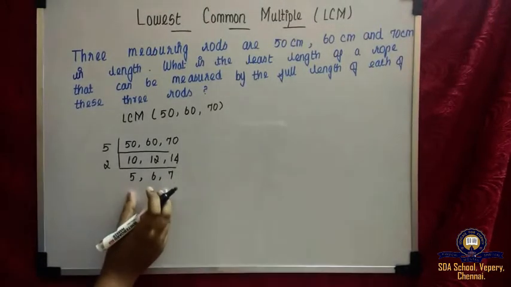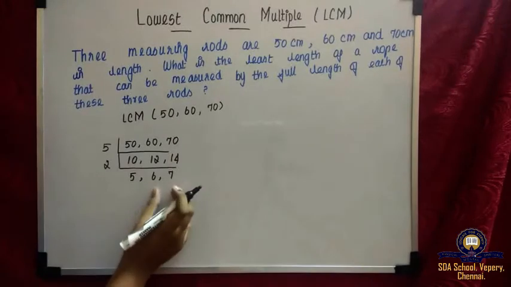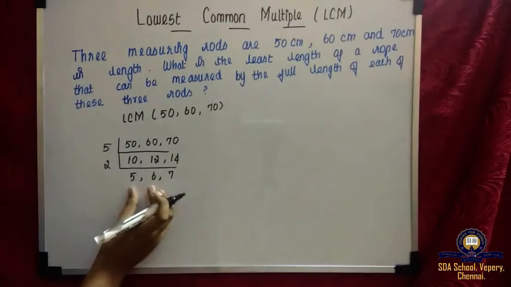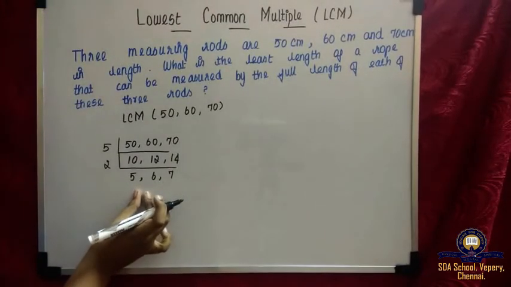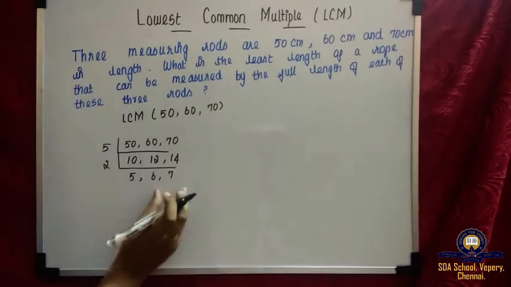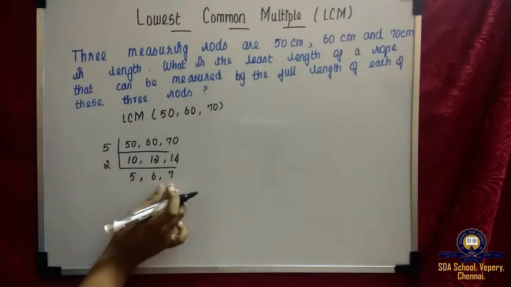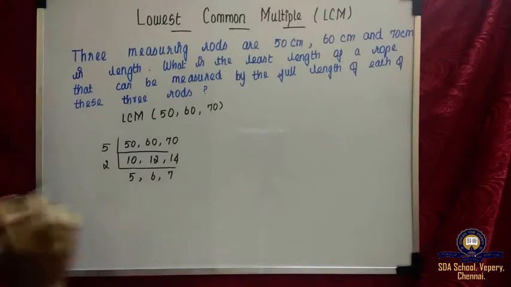So when you look here, no two numbers have the same factors. 5 and 6, they don't have a common factor. 6 and 7 do not have a common factor. So we will stop at this step.